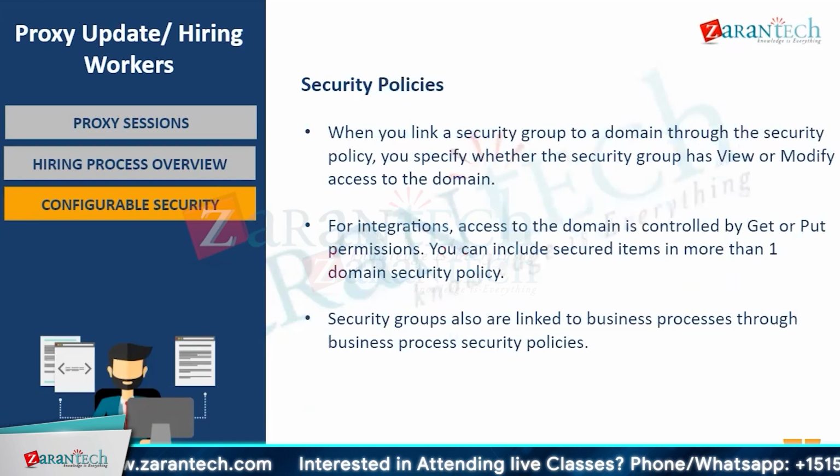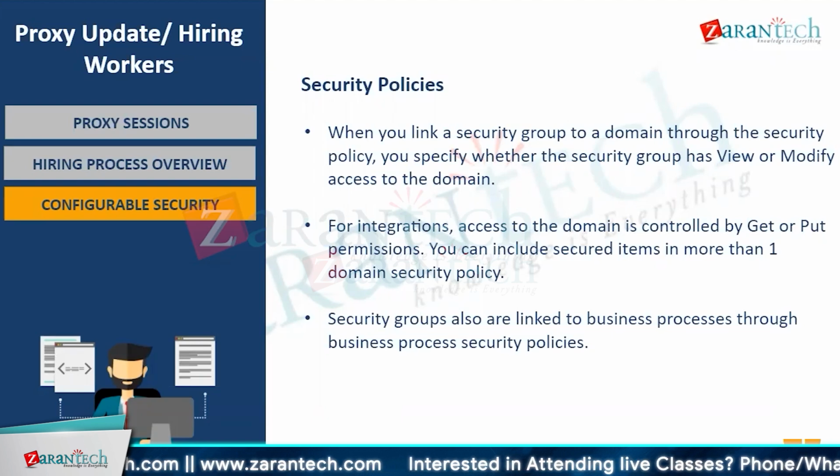And I think it goes into it in the next few slides. But these security policies, what we showed yesterday, right? You have view or modify access to the domain. And the domain, again, is a collection of tasks and reports. They could be report data sources, so the type of fields that you even have access to on a report, that's what that tells you.